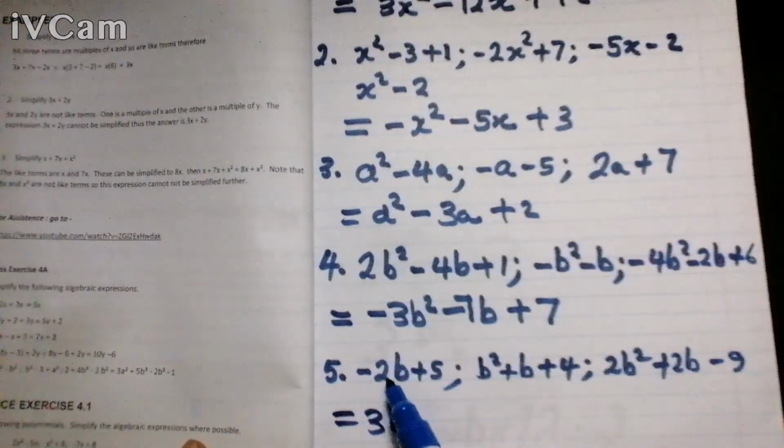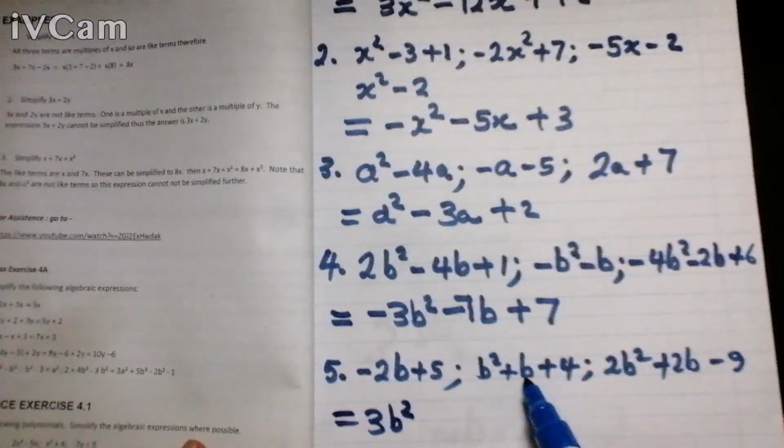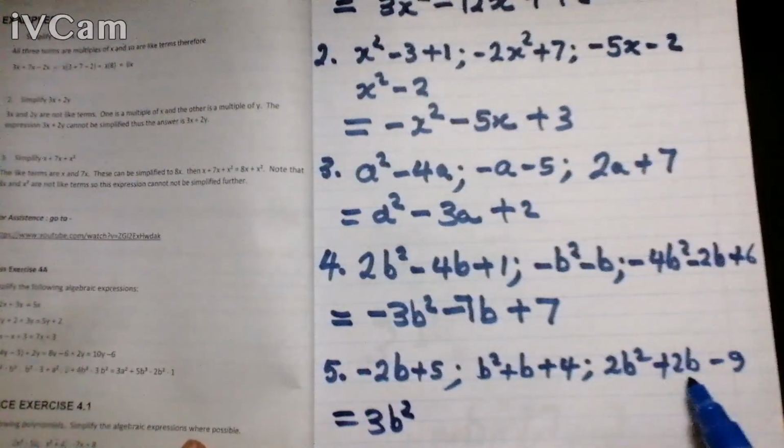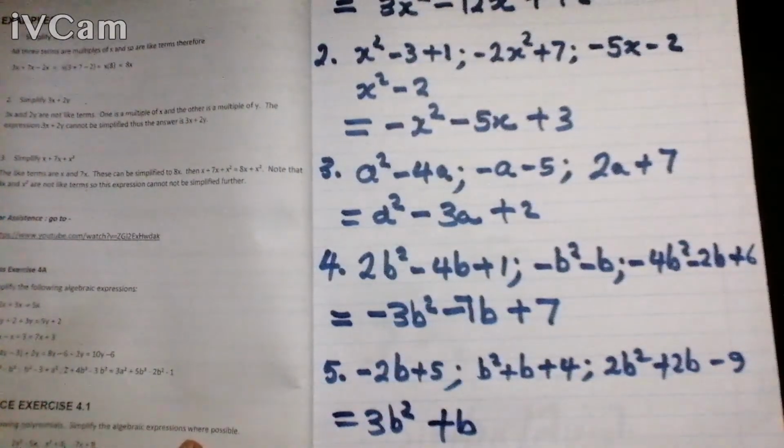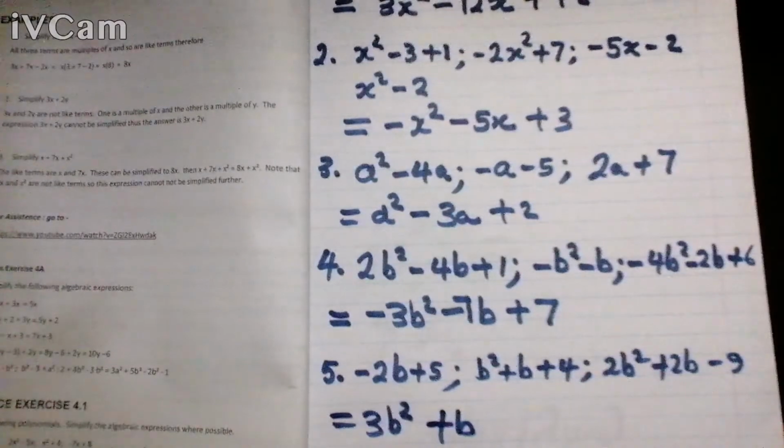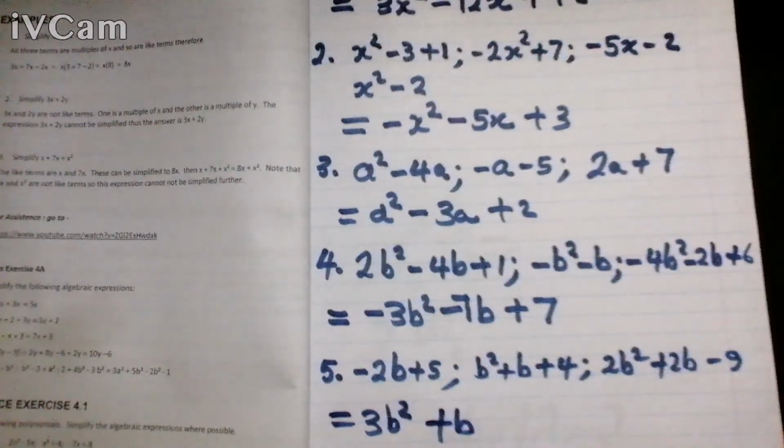Then minus 2b plus 1b is a minus b, plus 2b is a plus b, and here 5 plus 4 is 9, minus 9 is 0, so you do not have to write anything there. I hope you got that answer.